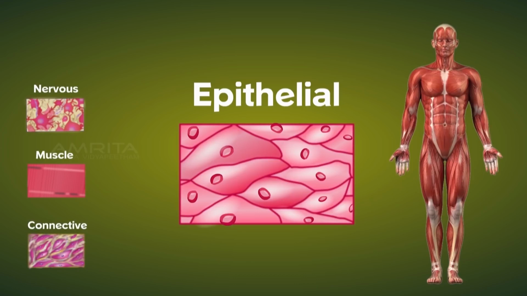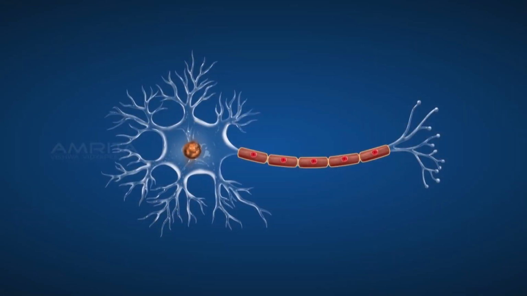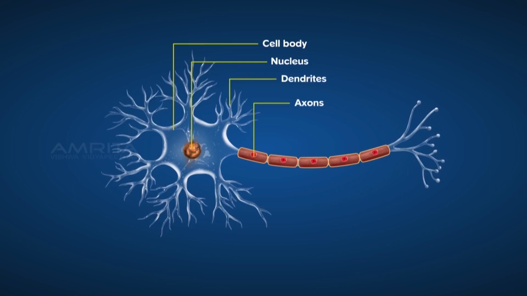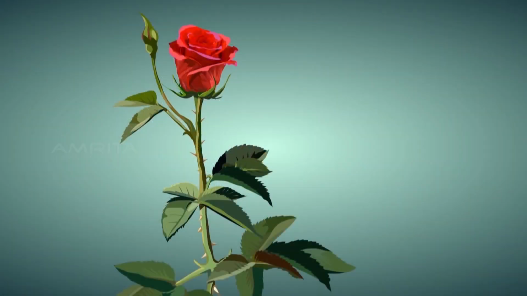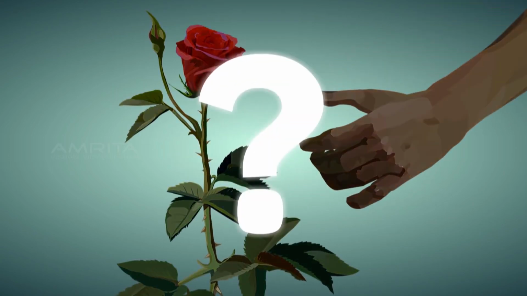The next tissue type is nervous tissue, which consists of a nerve cell or neuron that has a cell body containing the nucleus. The cell body extends and forms specialized cell parts called dendrites and axons. These are nerve cells that help you retract your hand when you touch a thorn. How does this happen?